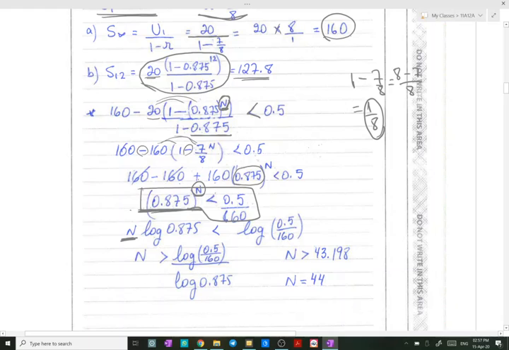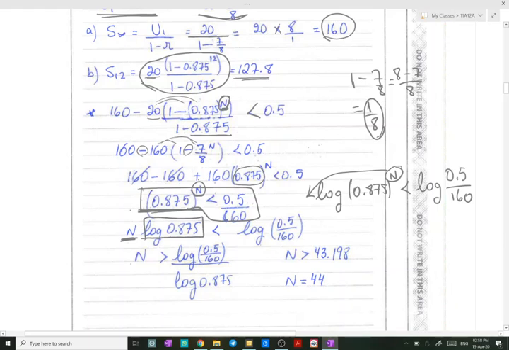So if you're going to write it, it's log 0.875 to the n is less than log of 0.5 over 160. So the exponent law takes n and places it here. So n log 0.875 is less than log of 0.5 over 160. Now divide by this log in order to have n on one side and find its answer.